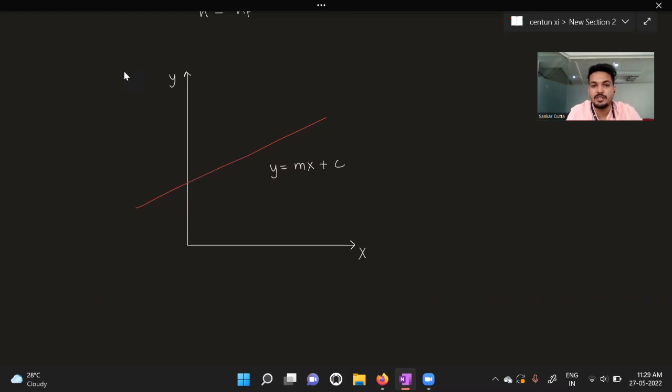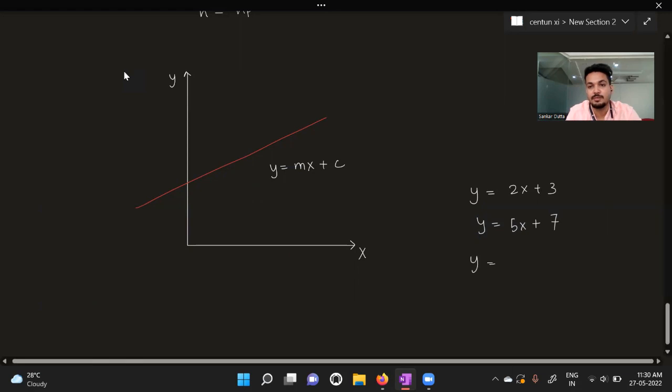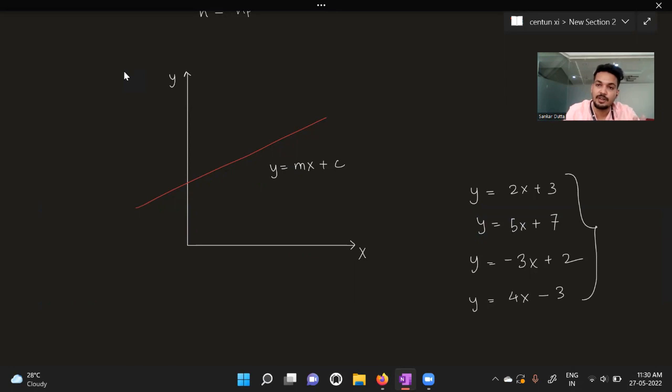That means any equation like y equals 2x plus 3, y equals 5x plus 7, right? You can also have y equals minus 3x plus 2, y equals 4x minus 3. These kinds of equations will give you a straight line in this coordinate plane.